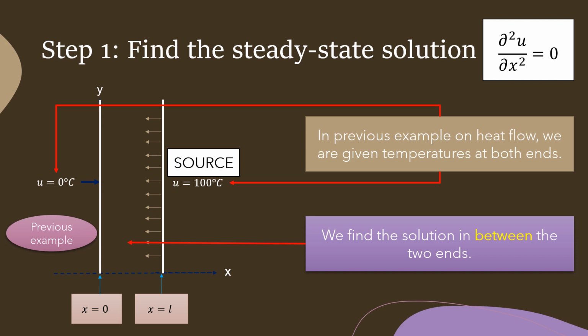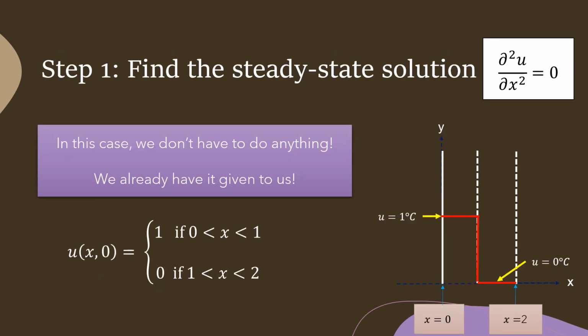So what about in this case? In fact, in this case, we don't have to do anything at all, because the problem has actually given you the steady state solution, right? Given here. They actually wrote to you u(x, 0), so t equals 0. So basically this is your steady state solution. At t equals 0, u(x) is given by 1 or 0, right?